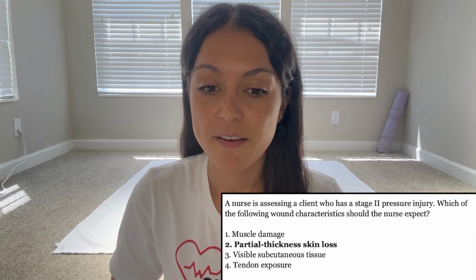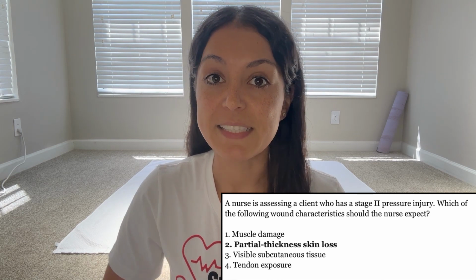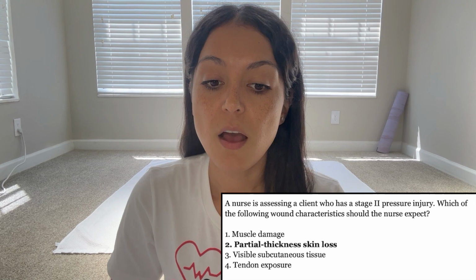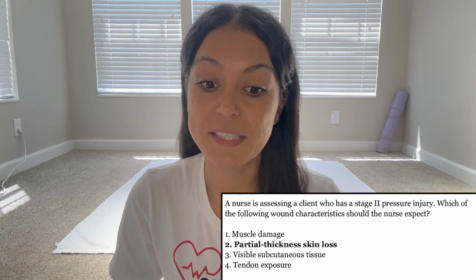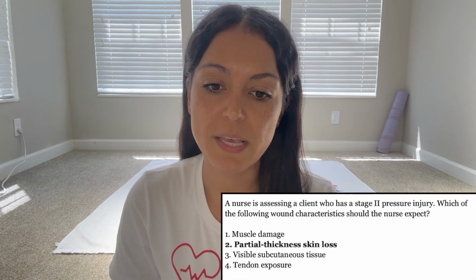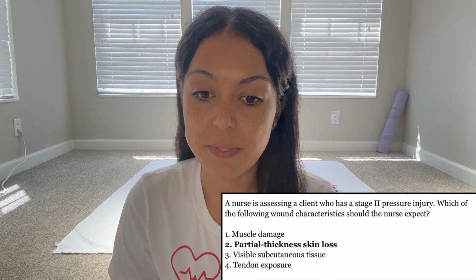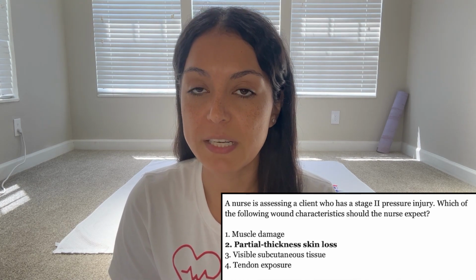Number 3, so visible subcutaneous tissue. We would see that in a stage 3. Number 4, so tendon exposure. We would see in a stage 4, right? And then number 2 is the correct answer. So we would see partial thickness skin loss or blister formation in a stage 2 pressure injury.